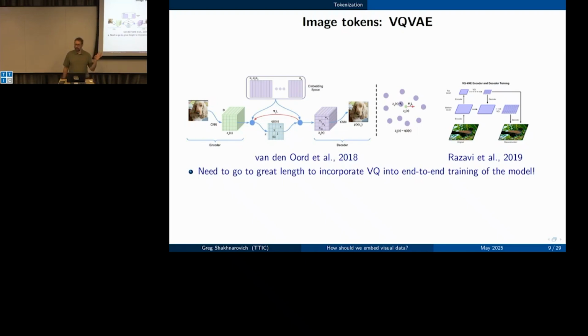I don't think people found those representations to be super useful for tasks other than generating images in this framework. I should also say that it was really tricky for them to get this to work. How do they get this to work? It's important. You can't just say, I will learn this embedding and then later I will do the codebook, because it relies on having the codebook when you decode.